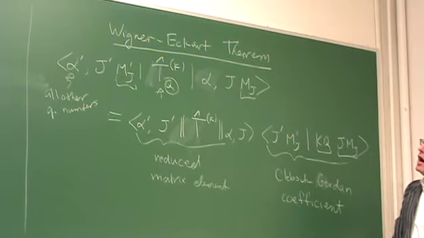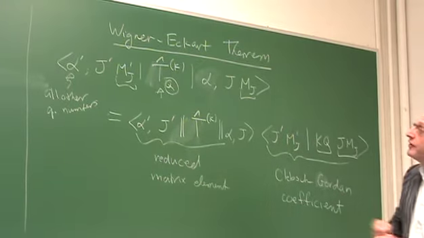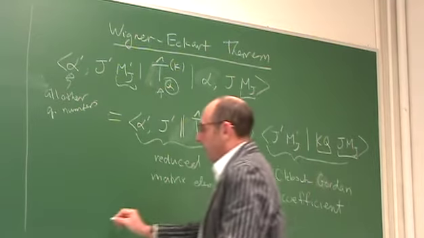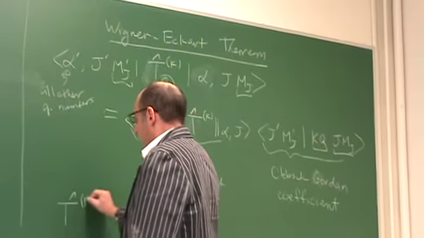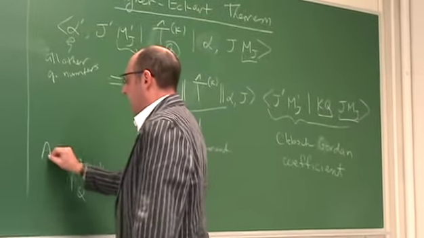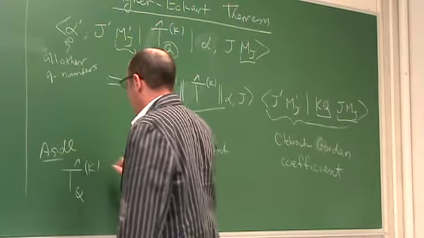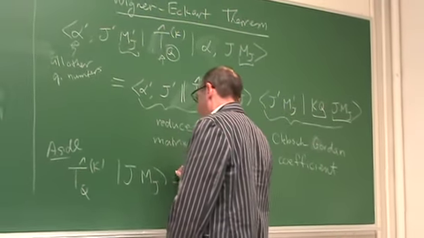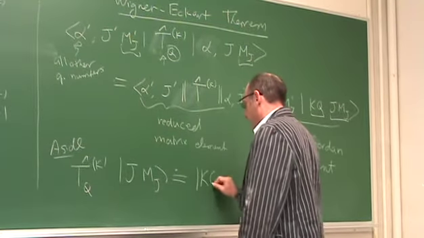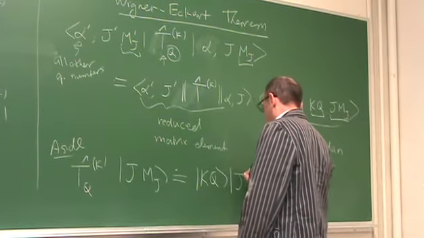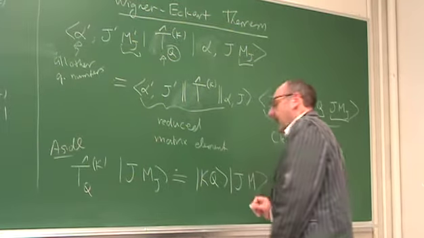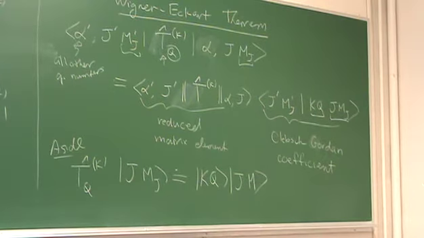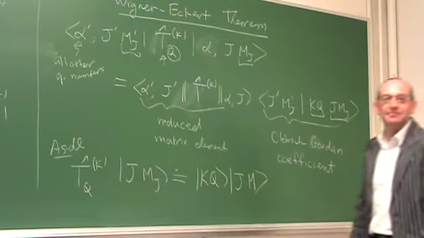So, as we discussed, one way to think about this was that, loosely speaking, if I looked at something like this, I could think about it as having the same properties of rotation of the product state of two angular momenta.